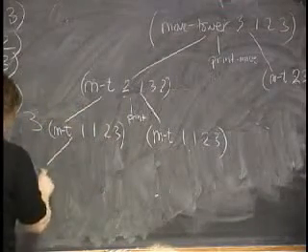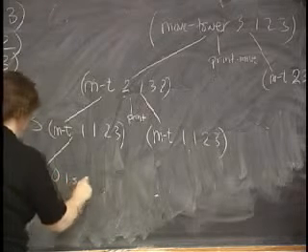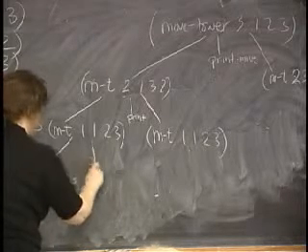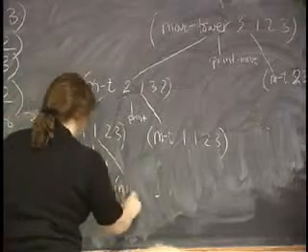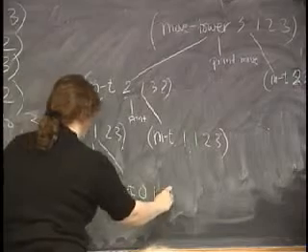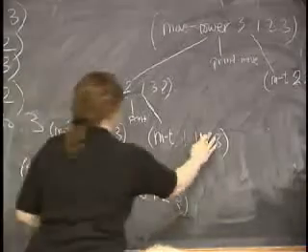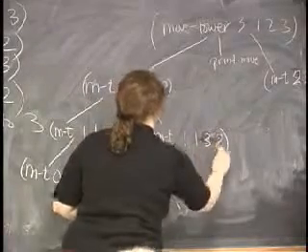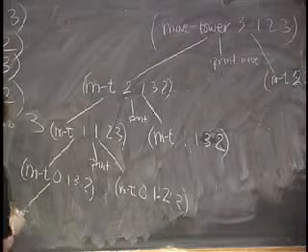This is move tower 0 from 1, 3, 2. Print. Move tower 0, 1, 2, 3. Reversing these. Move tower.